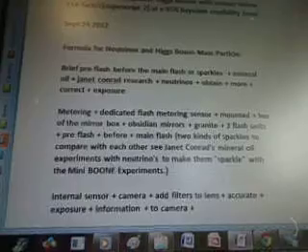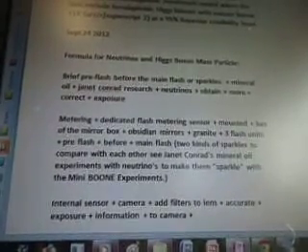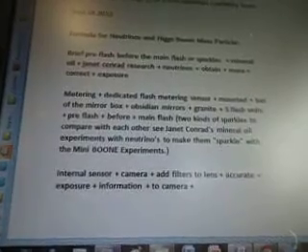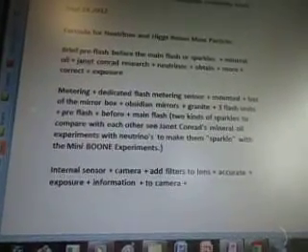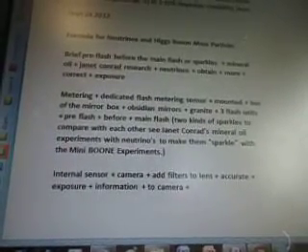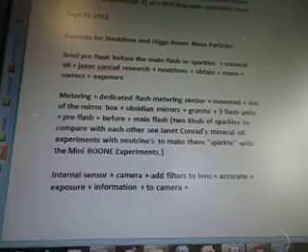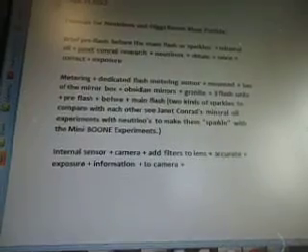September 24th, 2012. Formula for neutrinos and Higgs boson mass particle. Brief pre-flash before the main flash, or sparkles. Mineral oil. Janet Conrad research. Neutrinos. Obtain more correct exposure. Metering. Dedicated flash metering sensor. Mounted. Base of the mirror box.